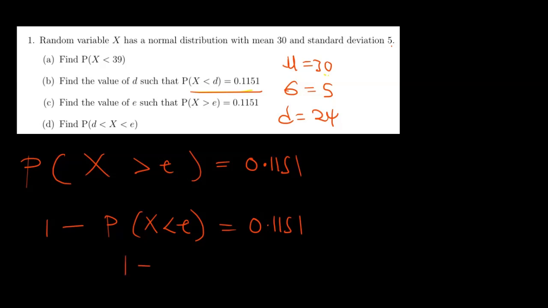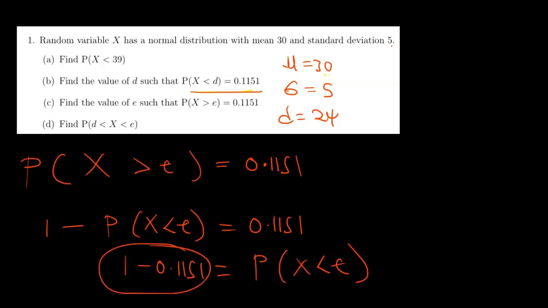So it will be 1 minus 0.1151 is equal to the probability that x is less than e. Okay, so this is what we have, and then from there we can subtract here.